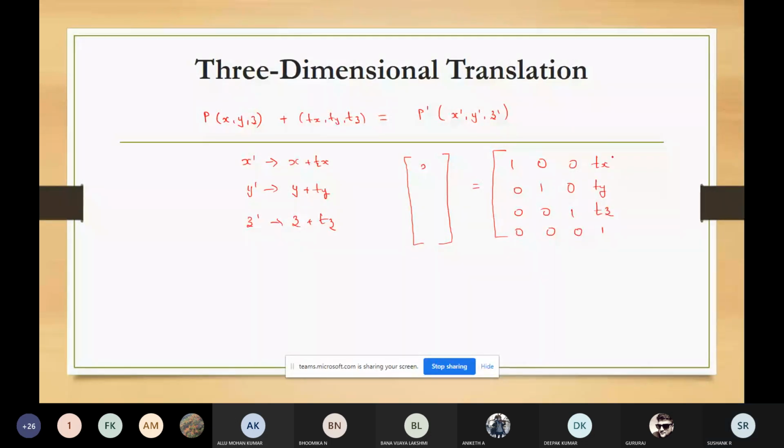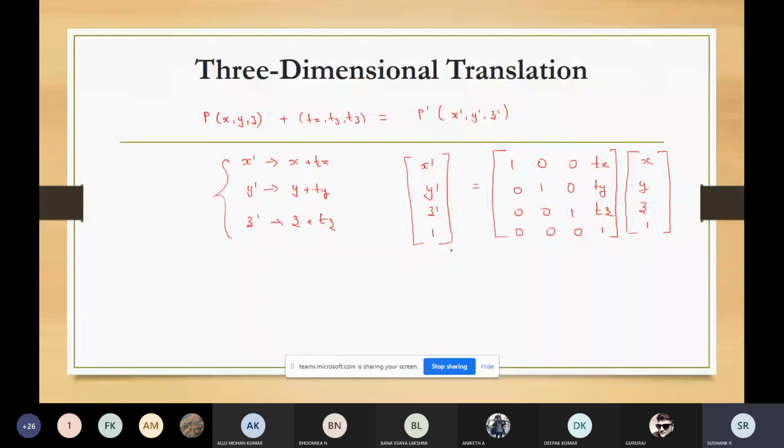The initial point is x, y, z, 1. This is the matrix representation of these three equations. This will give my new position x dash, y dash, z dash, 1.